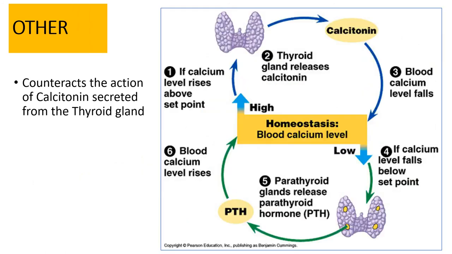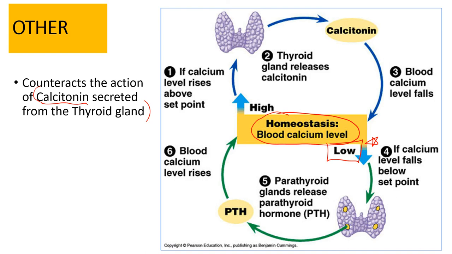So parathyroid hormone counteracts calcitonin. Again, it does the opposite of what calcitonin does, and remember, calcitonin comes from the thyroid gland. If we follow along the bottom path here, we've got homeostasis in the middle, but if blood calcium levels are low, we're going to start here and follow our way around at number 4.